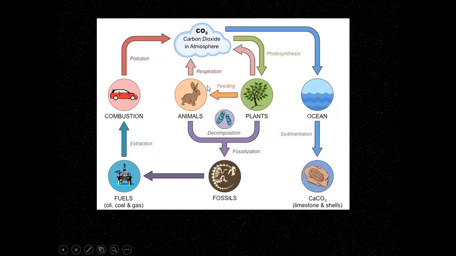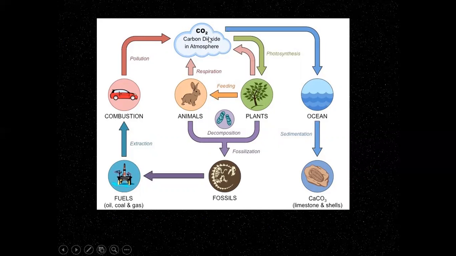Then the plants or the animals get decomposed and turn into fossils. From fossils, we get fuels like oil, coal, and gas. Then from the extraction, we do combustion in motor vehicles or some other way, and we are emitting carbon dioxide into the atmosphere back again. That's called pollution, because we are externally adding to the carbon dioxide percentage in the atmosphere.